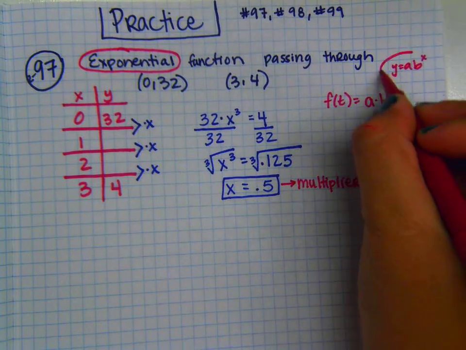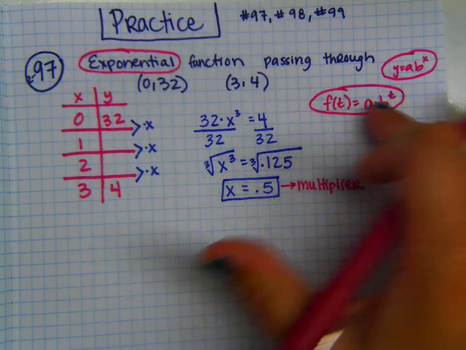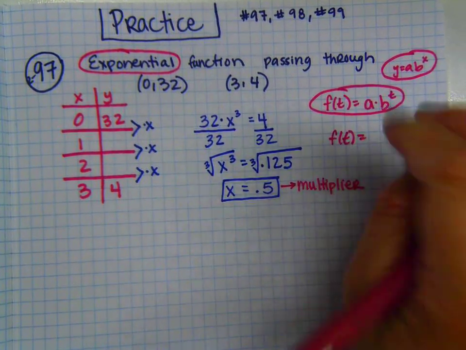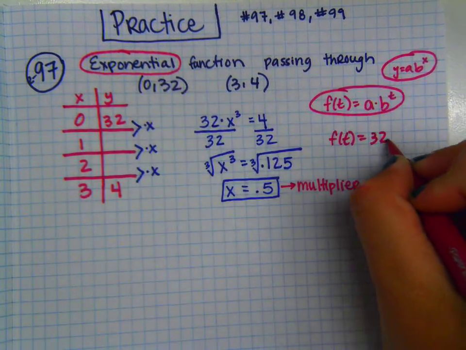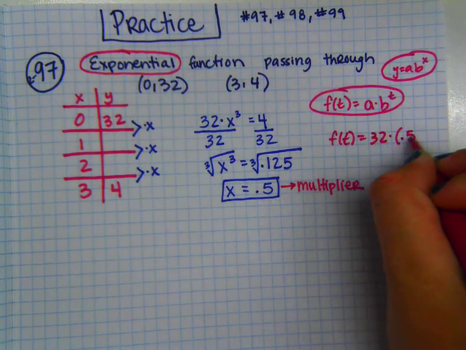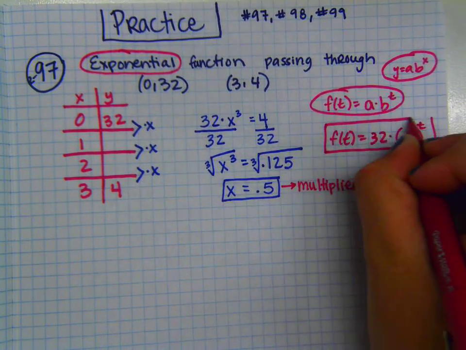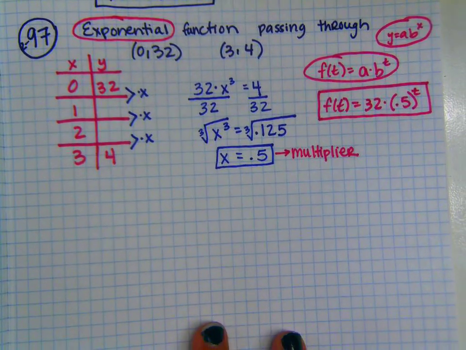It's just a different way of writing it, so either one is perfectly fine. I'm going to stick with this one. So that'll be f of t equals a, which is our starting value, and we're given that one. That's going to be 32 times 0.5 to the t. Again, if you wrote it as y equals 32 times 0.5 to the x, that's the same thing.